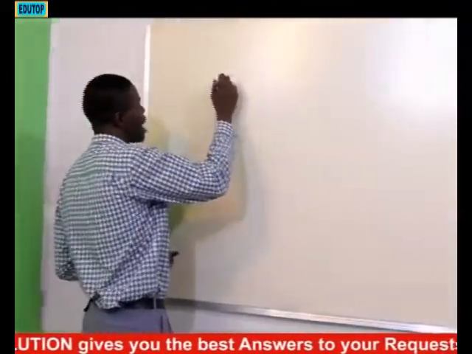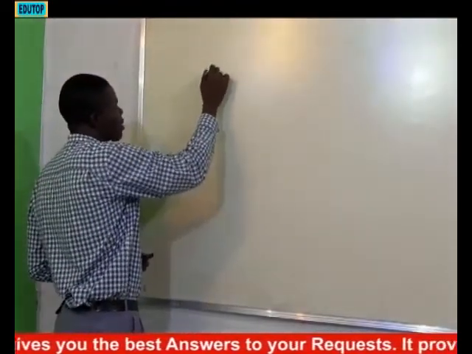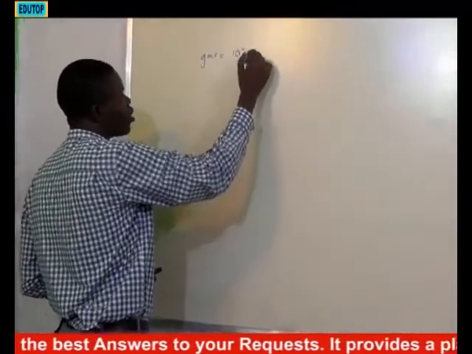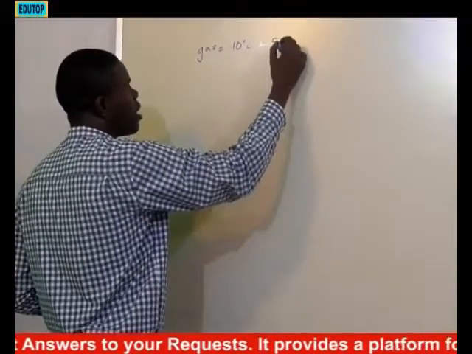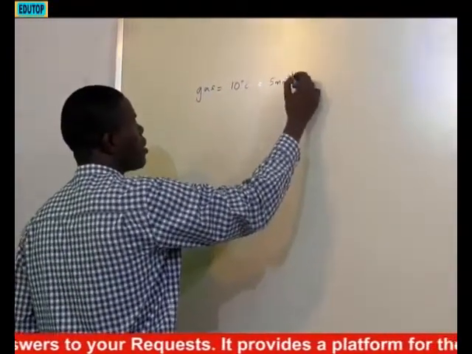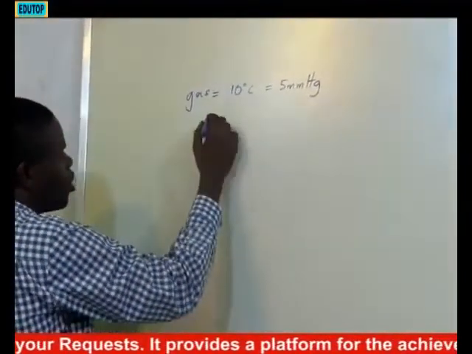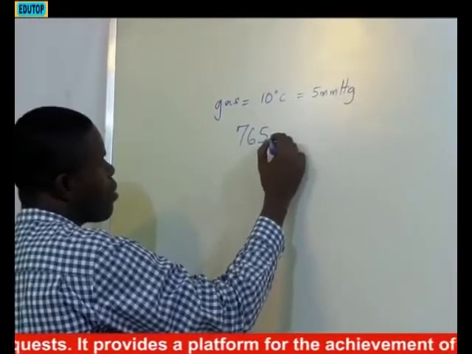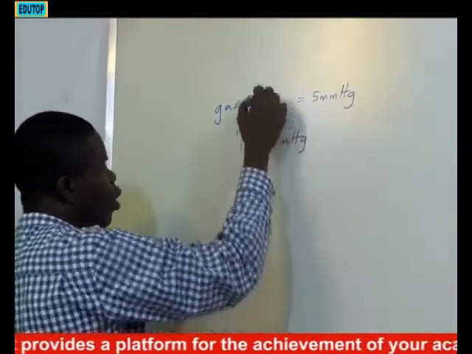And remember that in that one, you are given a gas which is at 10 degrees Celsius, and at that 10 degrees Celsius it is collected over water. The pressure becomes 5 millimeter mercury. The original pressure is 765 millimeter mercury, but this is collected over water.